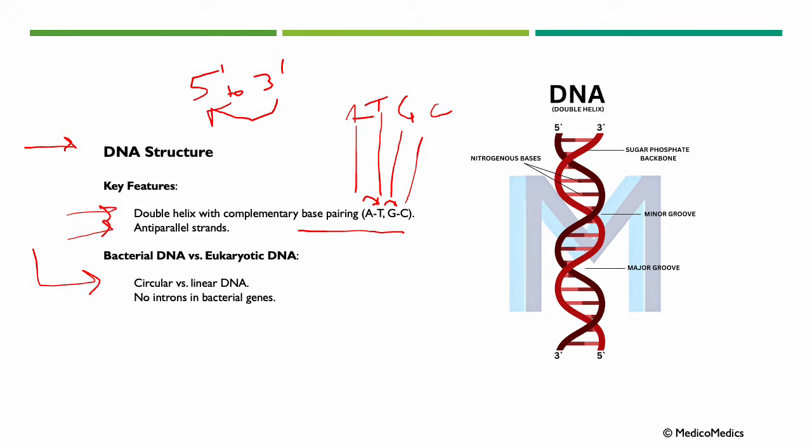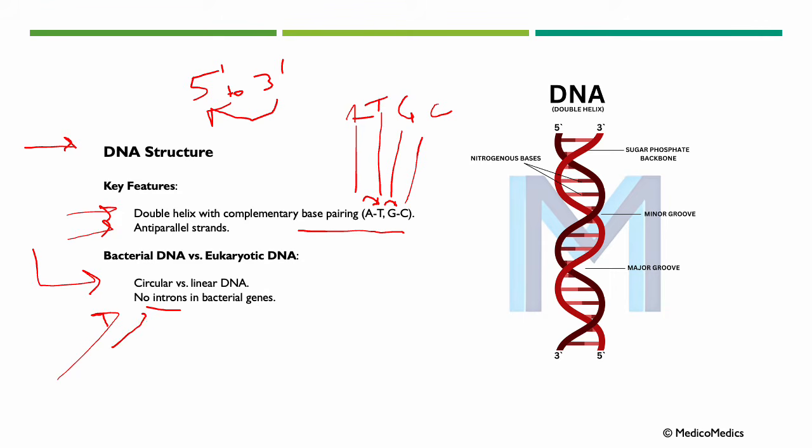Furthermore, bacterial genes generally lack introns. These are non-coding sequences, introns, whereas eukaryotic genes contain introns and exons. We have more detailed discussions of these in our cell biology courses, but for now, just pick up on the fact that there are some key differences.